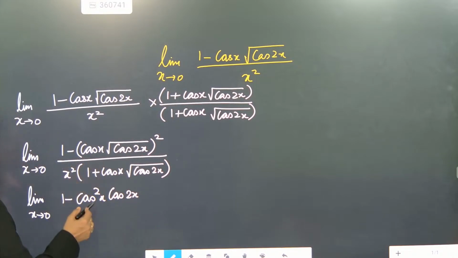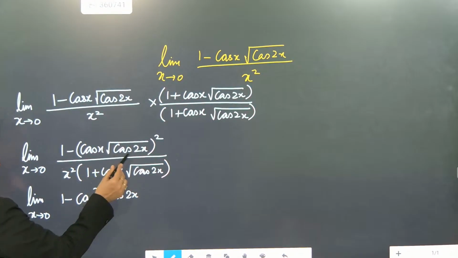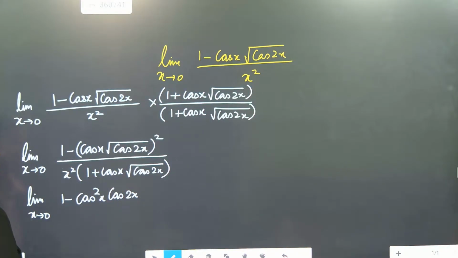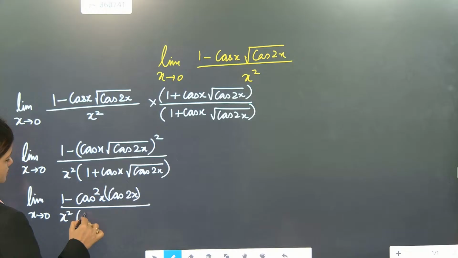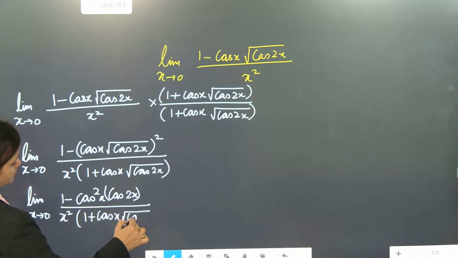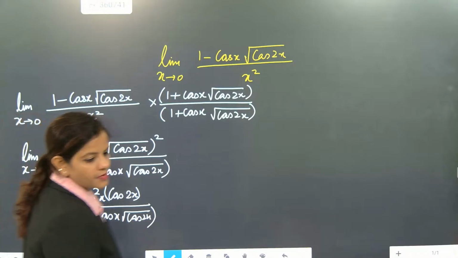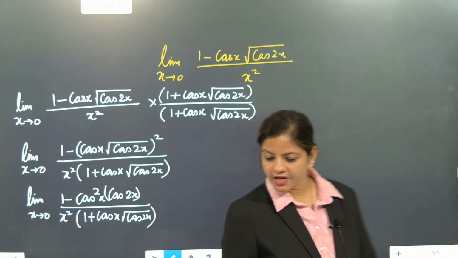Because square when you will be doing cos x will become what? Cos 2x. Check quickly. Will it become cos 2x? And cos 2x can be written as Sujoy.